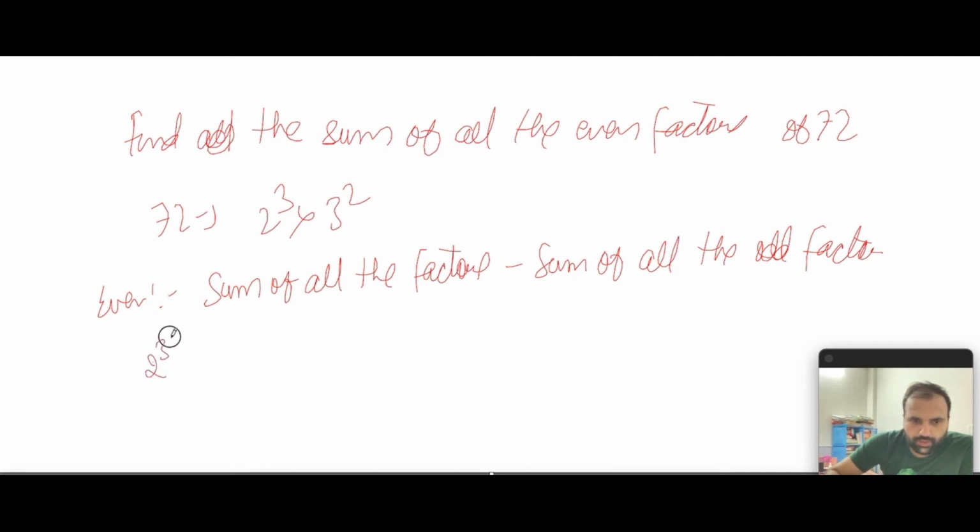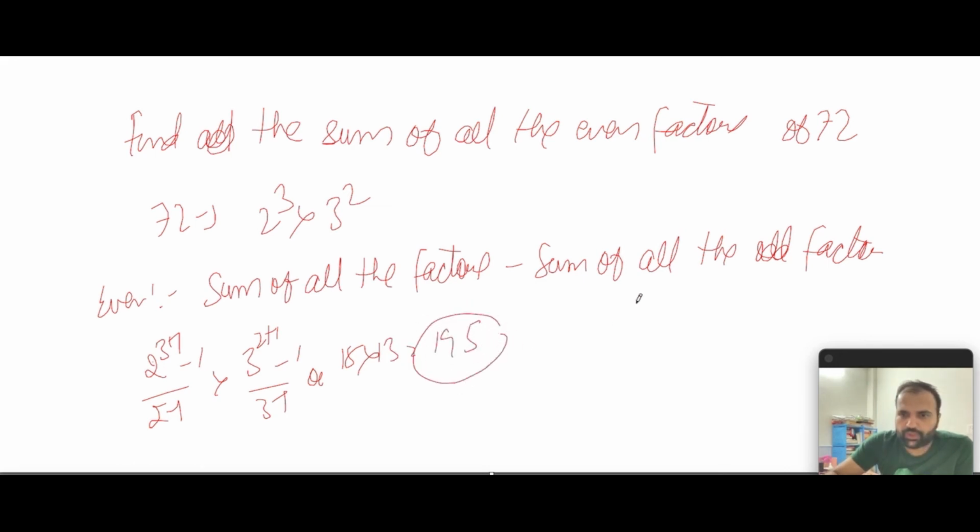If we use the formula, this is what we are going to do: 2 to the 3 plus 1 minus 1 by 2 minus 1, into 3 to the 2 plus 1 minus 1 by 3 minus 1. 2 to the 4 is 16, so we get 15 into 13. So 15 into 13 is 195.